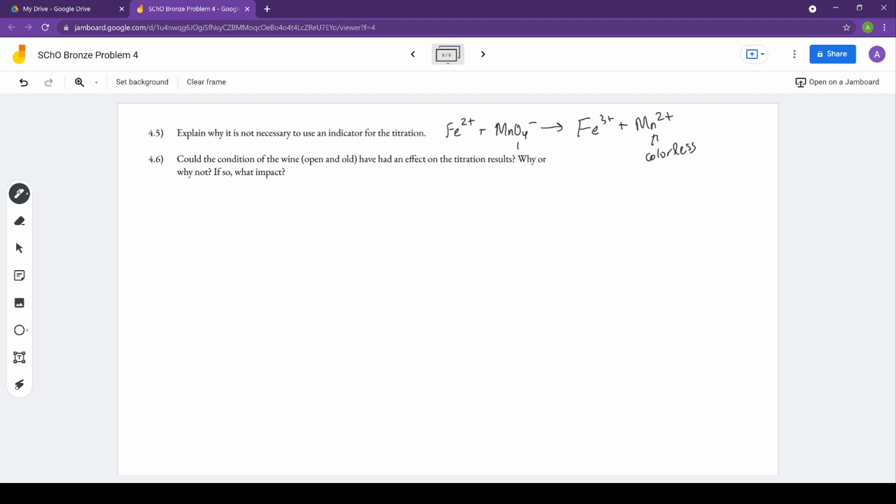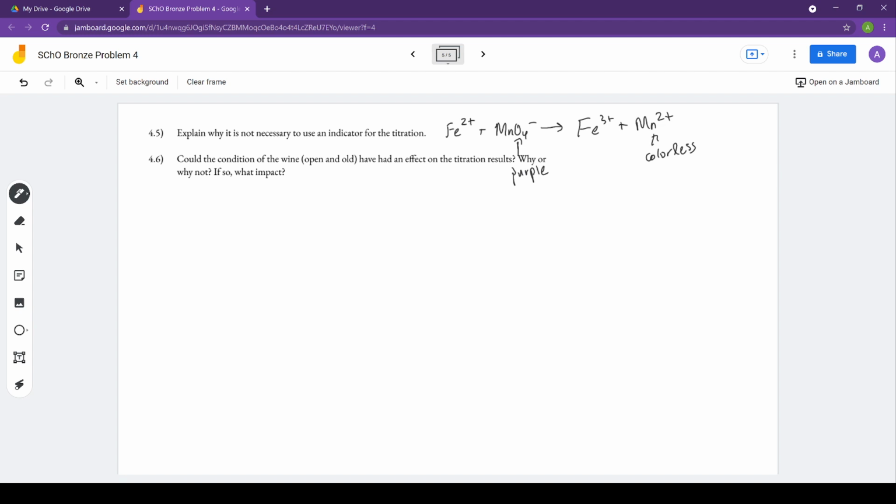So these are some key facts to know, because I would recommend you know the colors of permanganate and Mn2 plus, because they come up a lot. This is really commonly used in redox titrations. Because these two are different colors, they naturally act as their own indicator. So MnO4 is a deep sort of purple color, whereas Mn2 plus has no color, it's colorless.